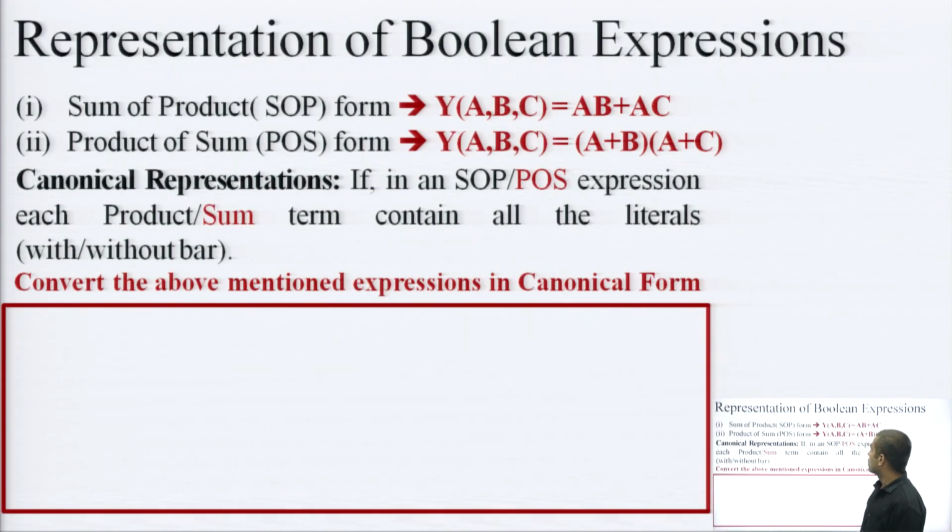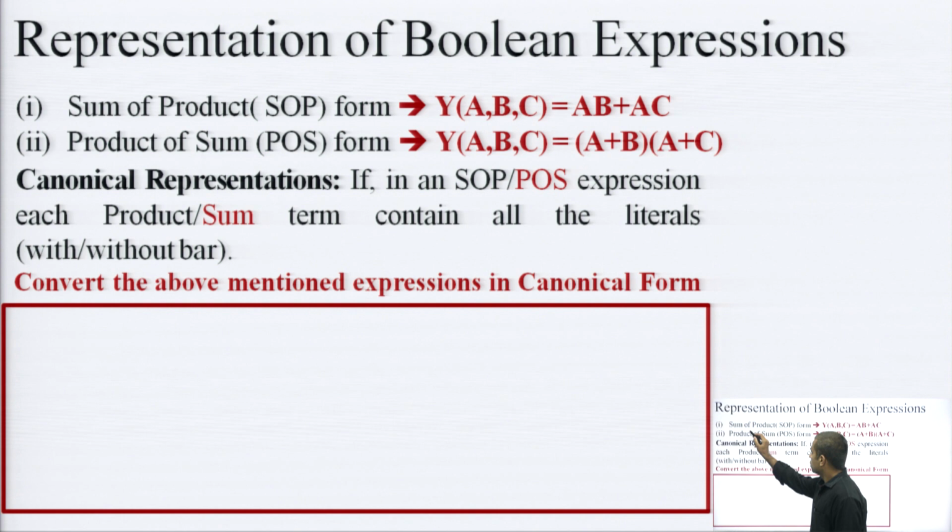Now, coming to the representation of Boolean expressions. There are two ways in which we can represent a Boolean expression. Either we can represent it in the form of SOP, or in the form of POS. SOP stands for sum of products, and POS stands for product of sums.